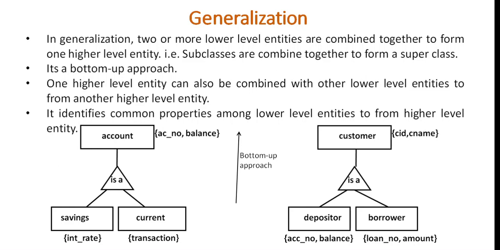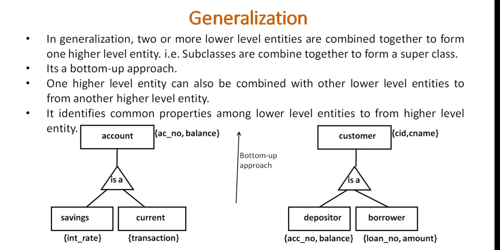Okay, this diagram is related to a bank management system. Depositor is a customer who has an account in a bank, and borrower is a customer who has a loan in a bank. Okay, now both the depositor and borrower entities are related to the bank, but they have their own additional attributes.